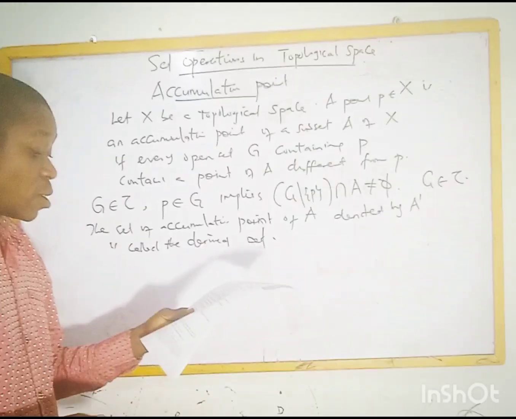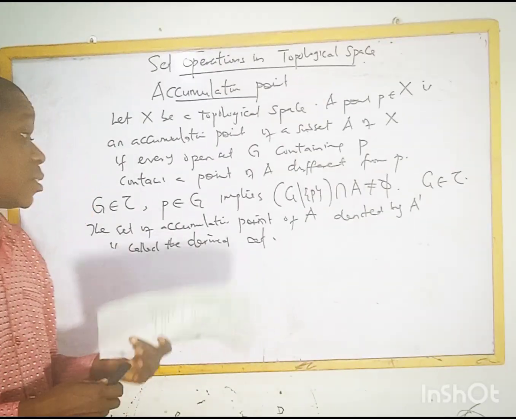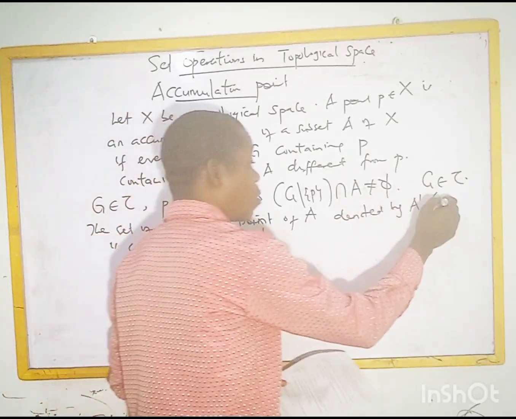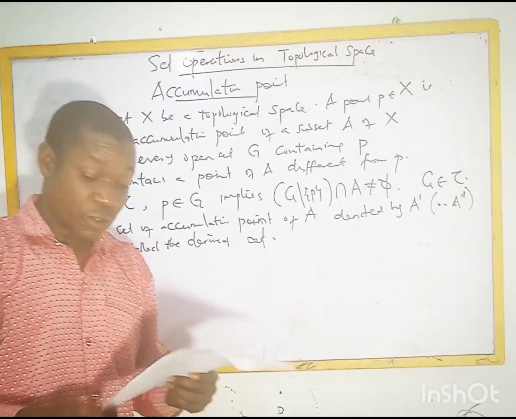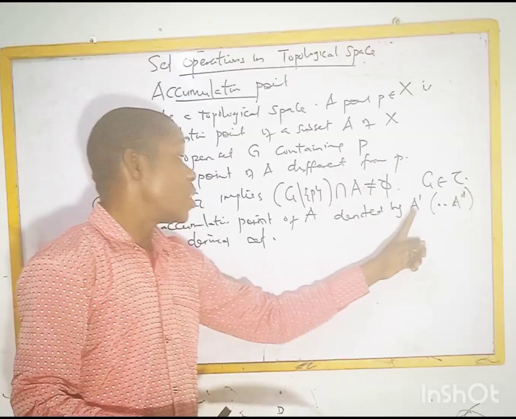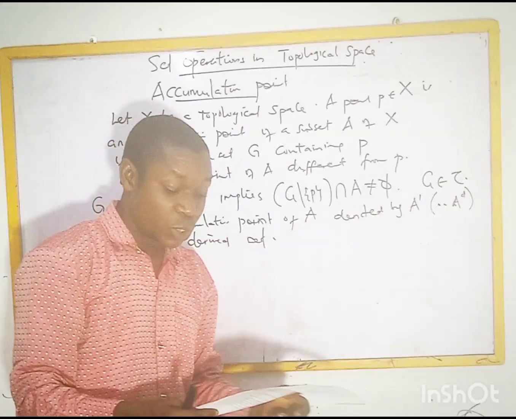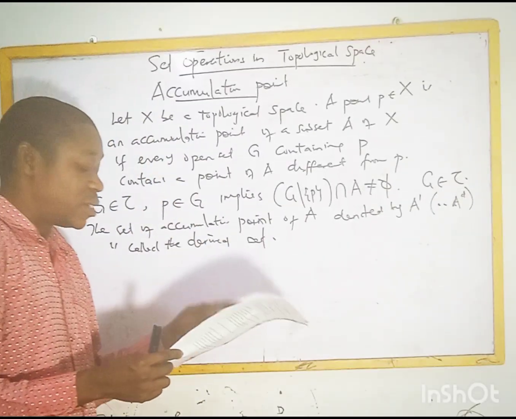You can say A prime, or sometimes A raised to power D, or A^d. It depends on the notation of each textbook. Whatever we are using now is A prime or A raised to power D. So these are called a derived set.